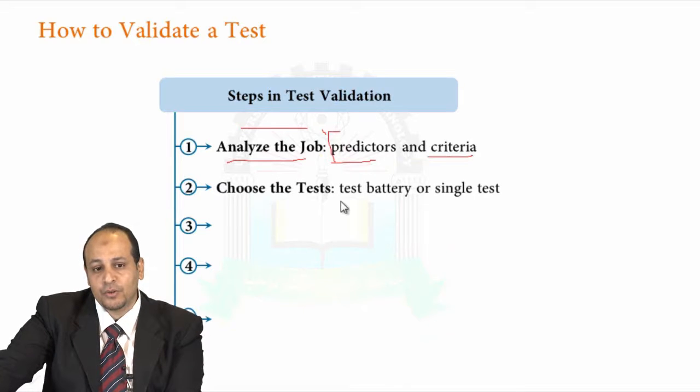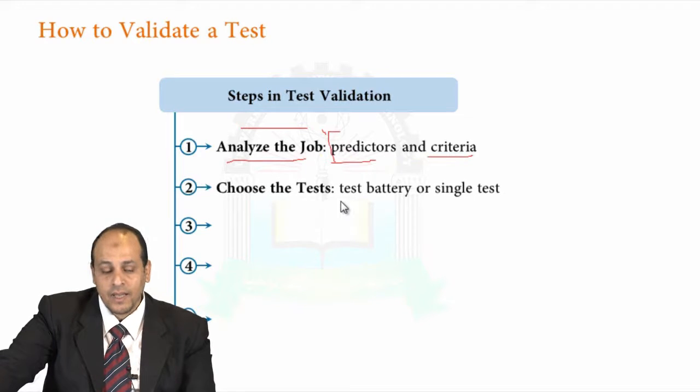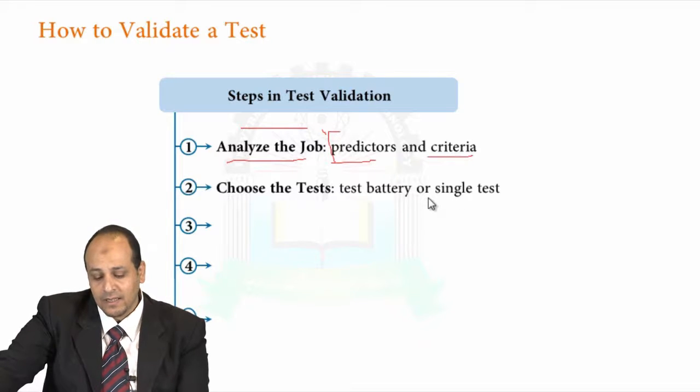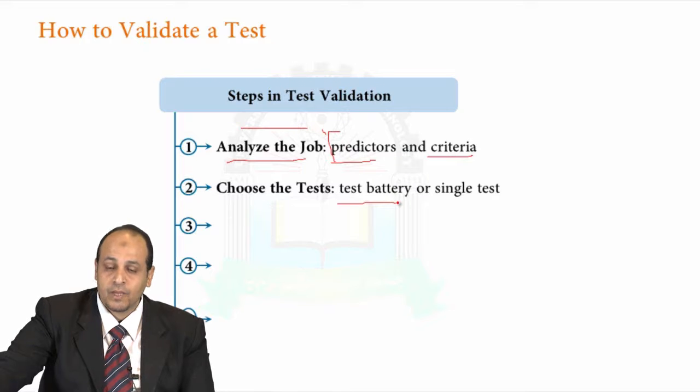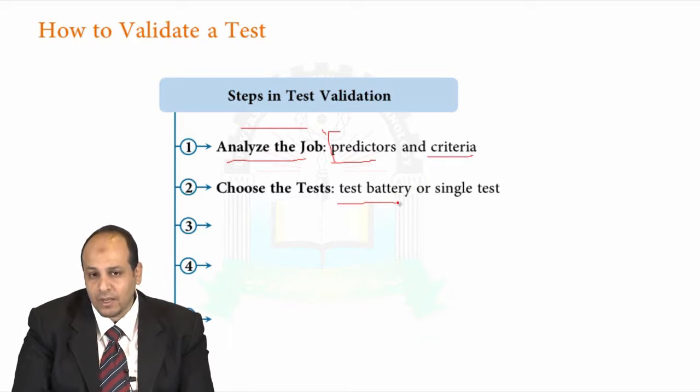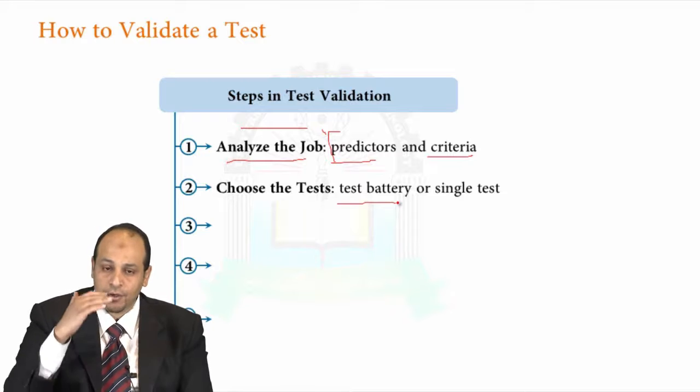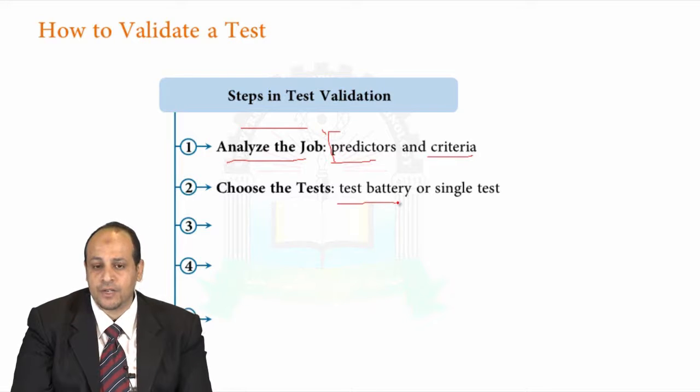Step number 2, choose the test. Here it can be a test battery or a single test. Some companies might use different types of tests. In some organizations, the different levels within the organization might also require different kinds of tests.